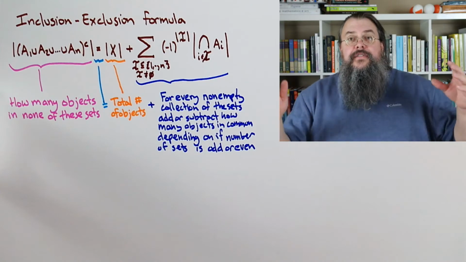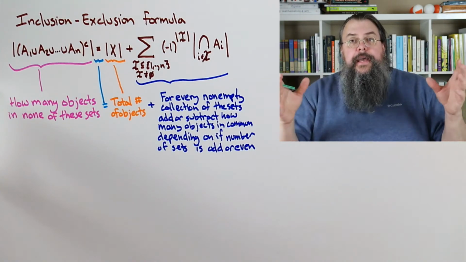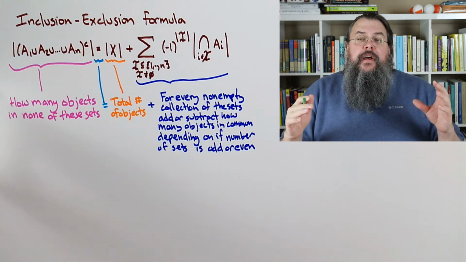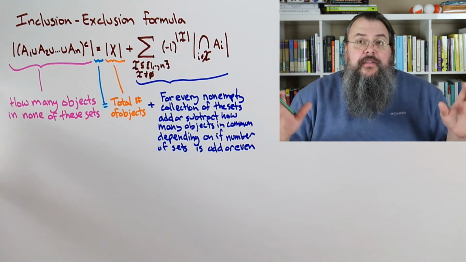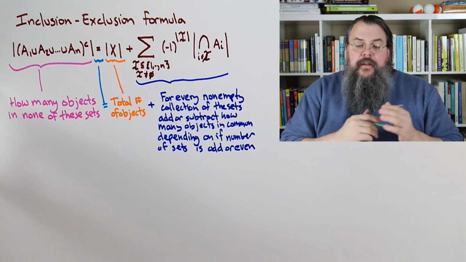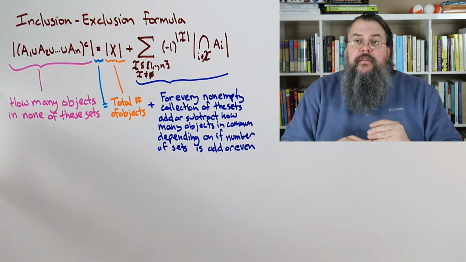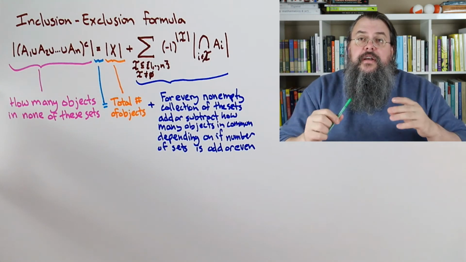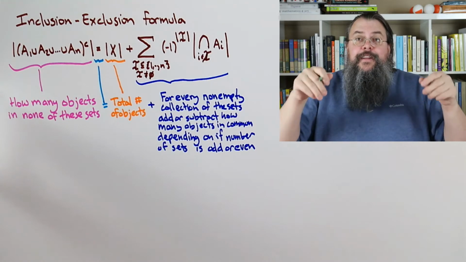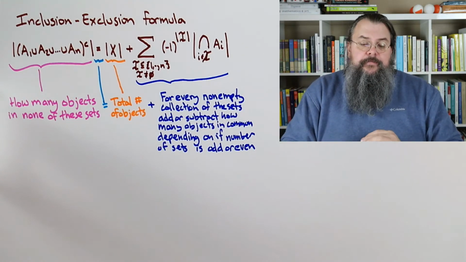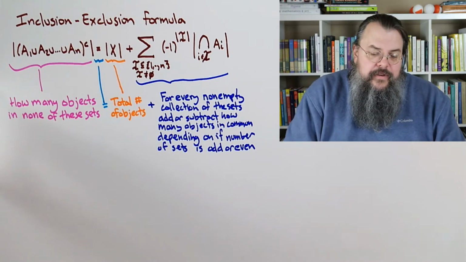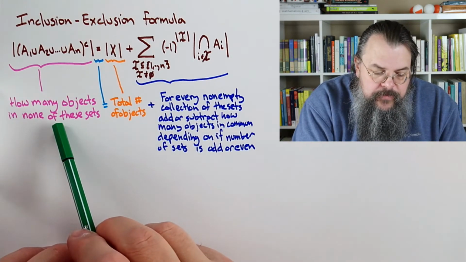So we have a collection of sets, A1 up through An. We say, okay, I want to know everything that's not in them. How many are outside of all the sets? Well, the same as asking that question is to say, take their union and take the complement. That's the things that are outside, and what's the size of it? All right, so that's our question.